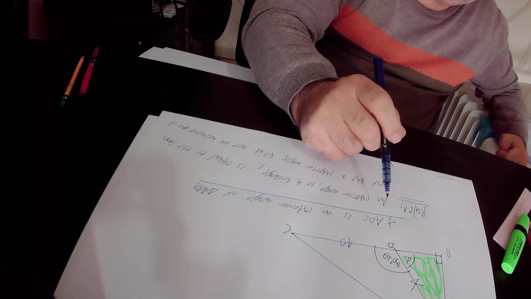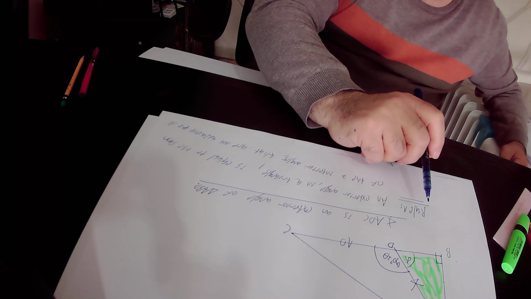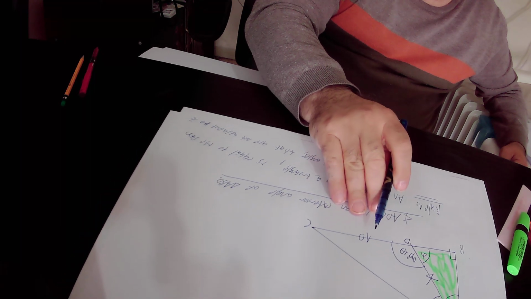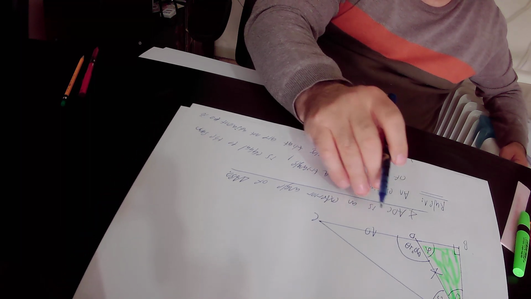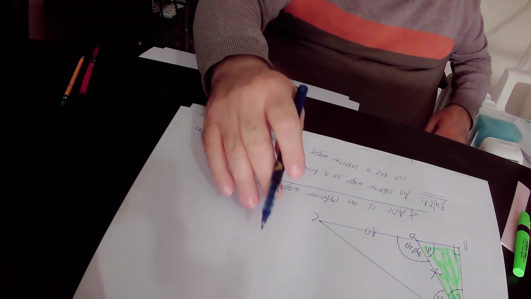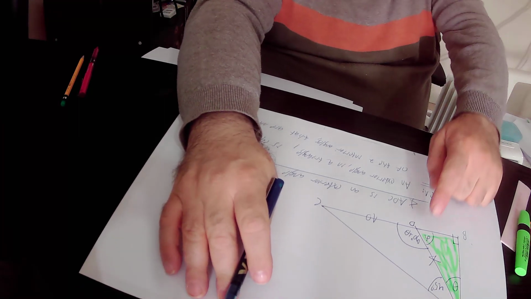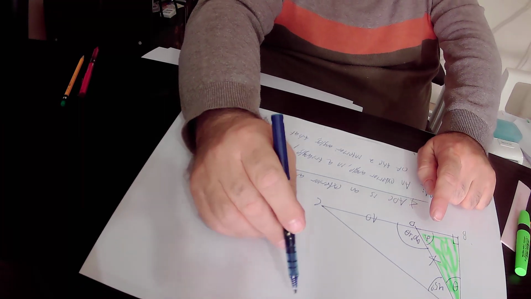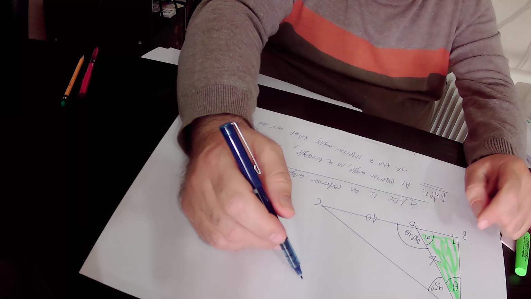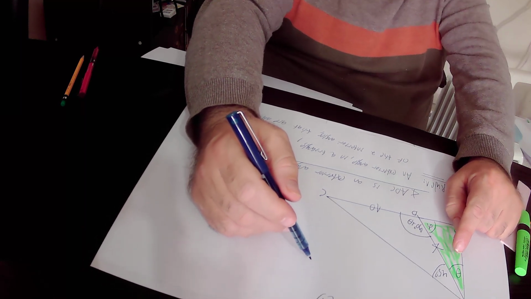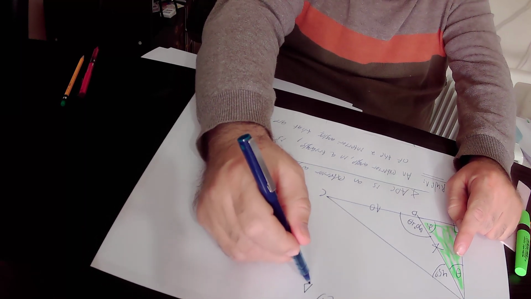And we know that the sum of the angles in any triangle is equal to 180 degrees, and especially in triangle ADC, the sum of its angles must be equal to 180 degrees. So which angles do we have in triangle ADC?